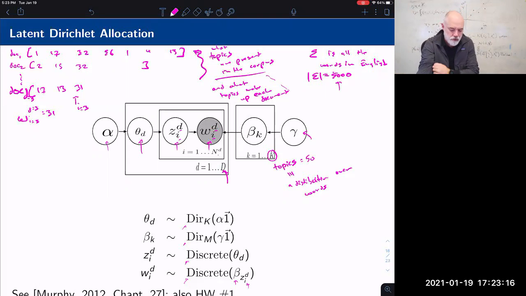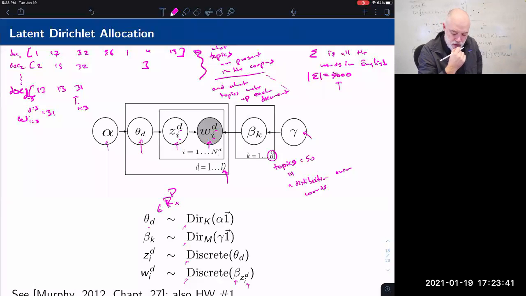So a Dirichlet distribution, for those of you who don't know, particularly centered on a uniform distribution, basically says a priori the distribution over topics. So theta d will live in R^D, I think plus.